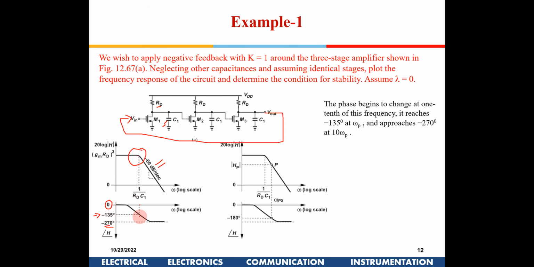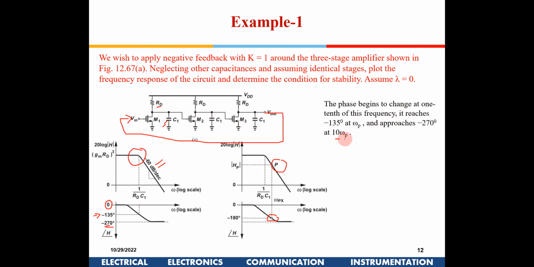So minus 135. Okay, so that will be the phase difference. Now if you see here at minus 180 degree here, okay, when this signal is going minus 180, I want this gain to be less than 1 for this to be stable. Okay, isn't it? Right? Yes, sir.